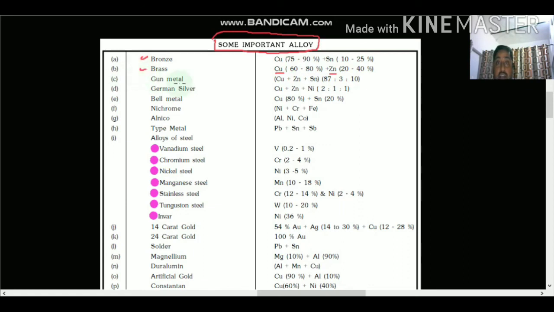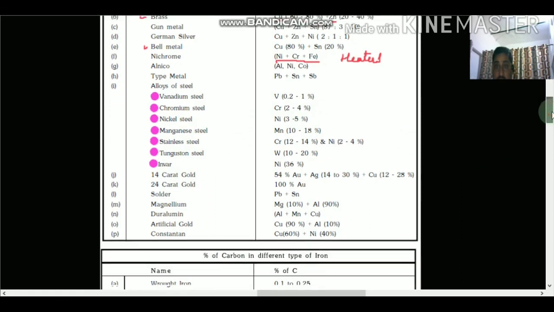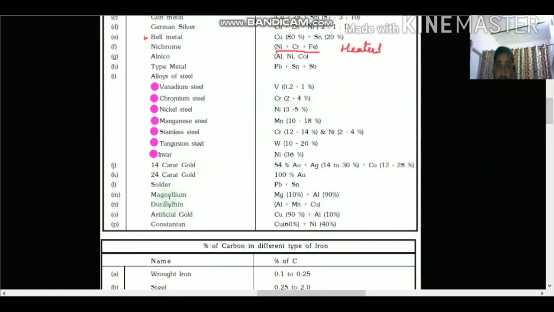Then gunmetal, German silver, bell metal, of which bells are made, copper and tin. Nichrome wire, nickel, chromium, and iron, that is being used in heaters. In 10th class I think you have studied that. Similarly some others like alnico, then various types of steels, and solder, that is lead and tin. So these are the various examples of alloys.